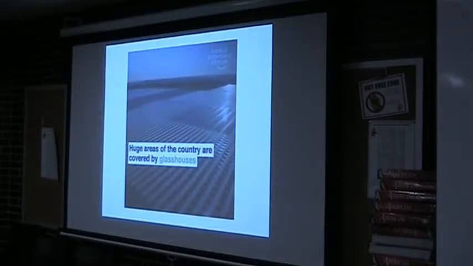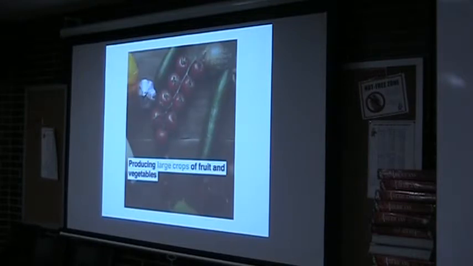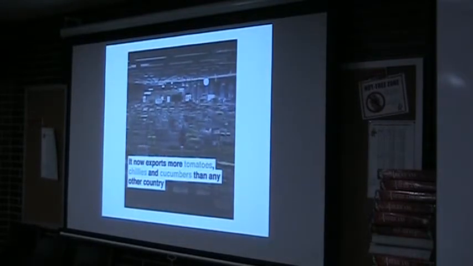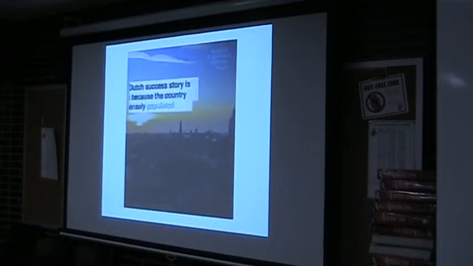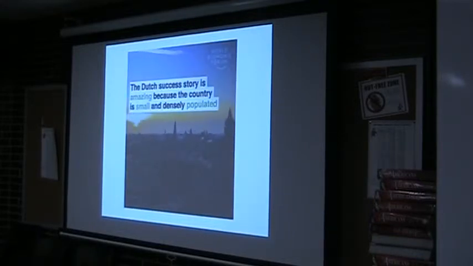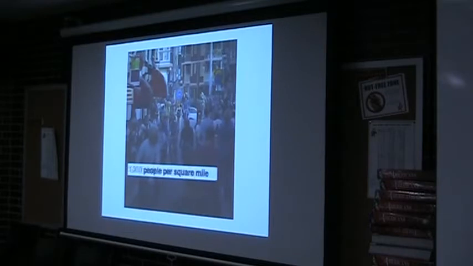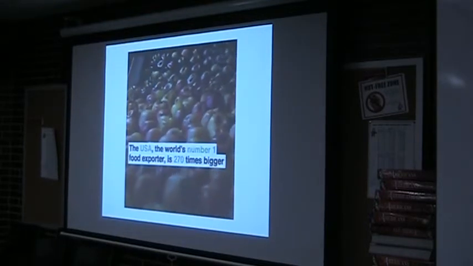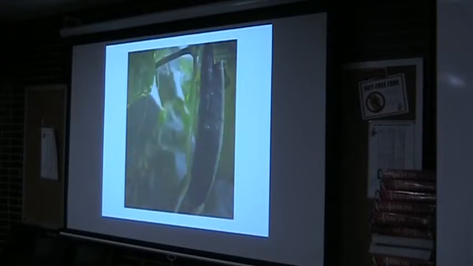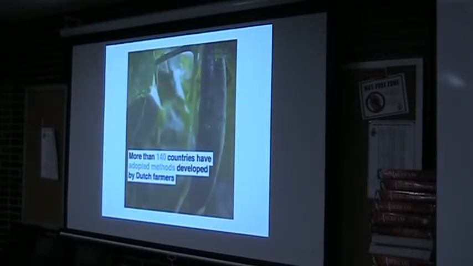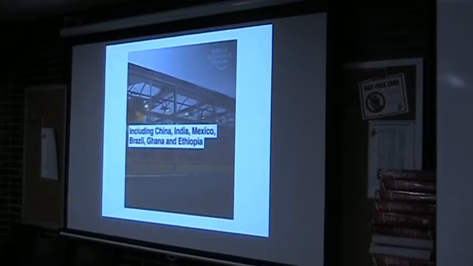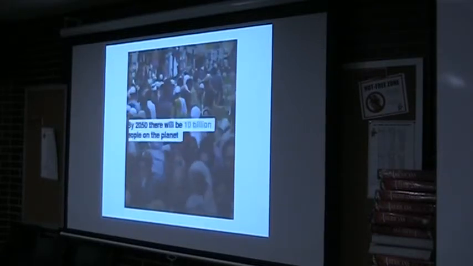And those are the greenhouses. Small, densely populated. Think of how much bigger we are. And they're exporting their knowledge, which is what that article is about in National Geographic.